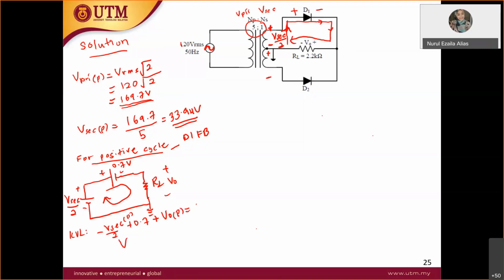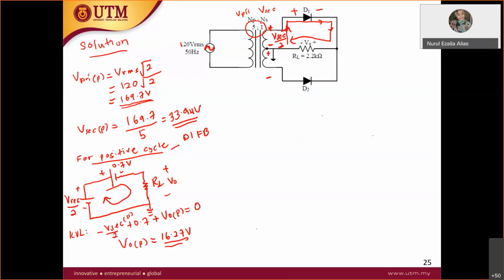Can someone calculate for me what V output peak equals? 16.27 volt. Since two students got the same value, I believe this is the correct one. So 16.27 volt is the answer.